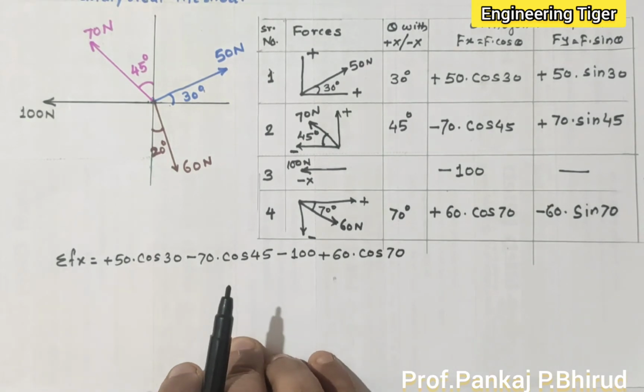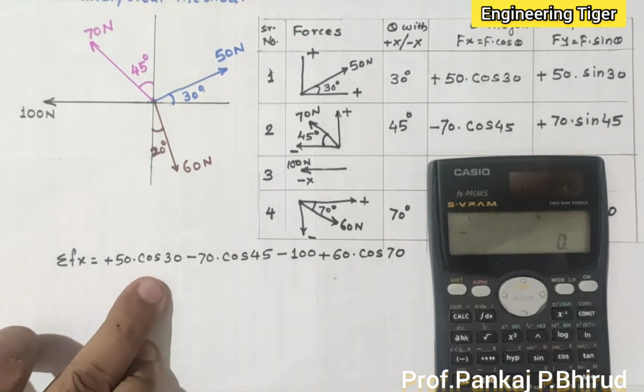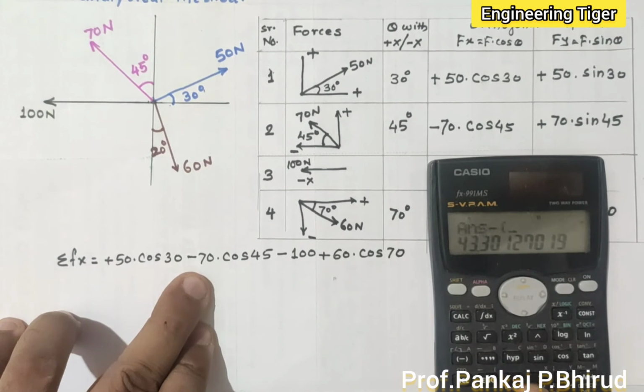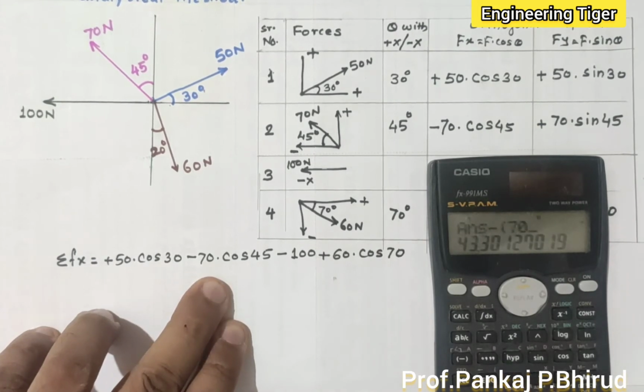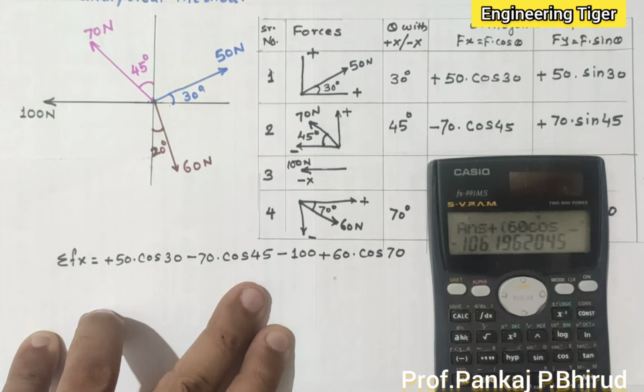So let us calculate this: 50 cos 30 minus in bracket 70 cos 45, minus 100, plus in bracket 60 cos 70.